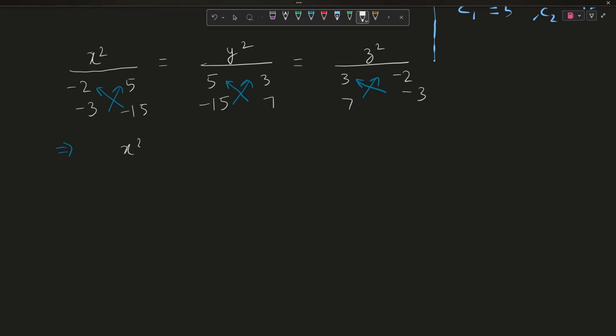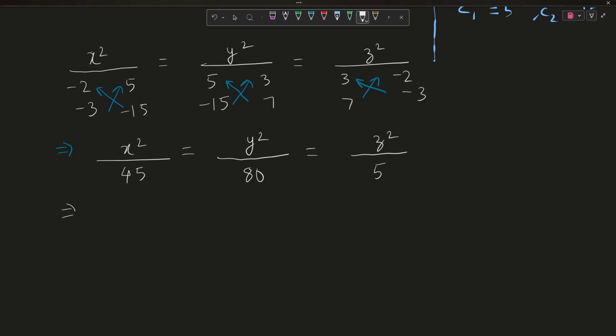So it becomes x square upon minus 30, or sorry, plus 30 and minus of minus 15, which is 45, is equal to y square upon 35 plus 45, 80, is equal to z square upon minus 9 and minus of 14, which becomes 5.